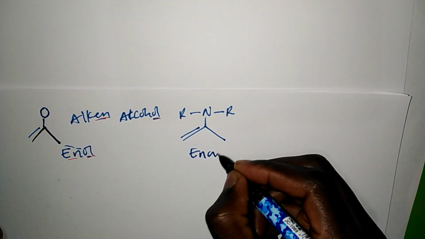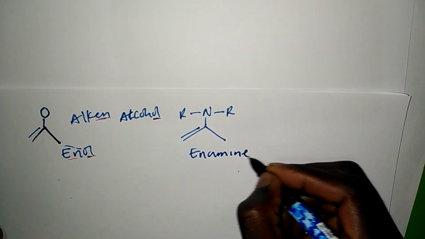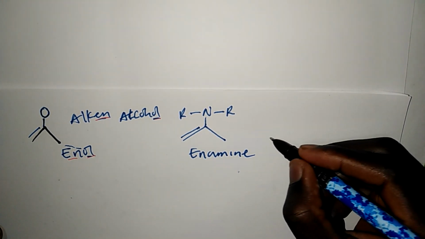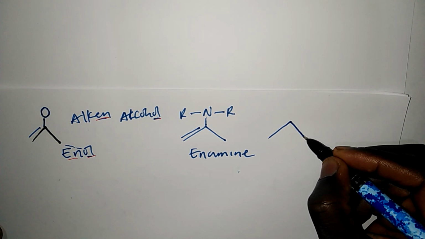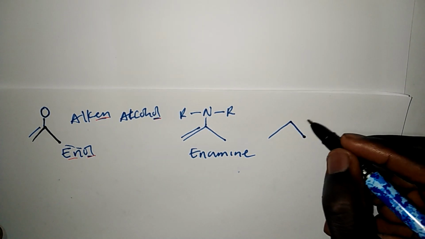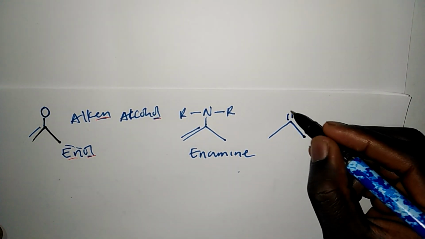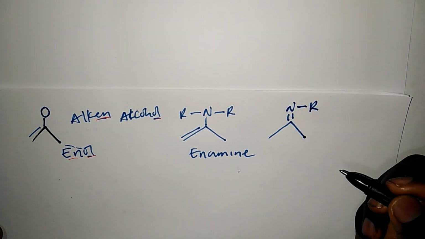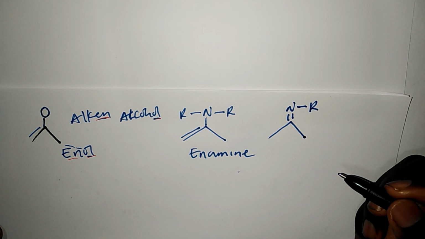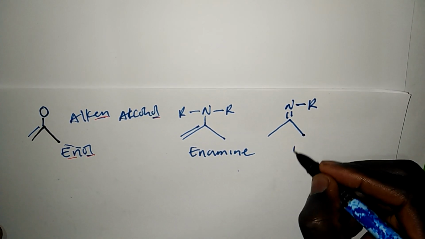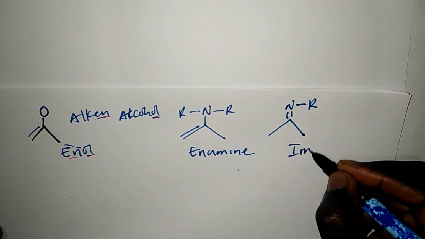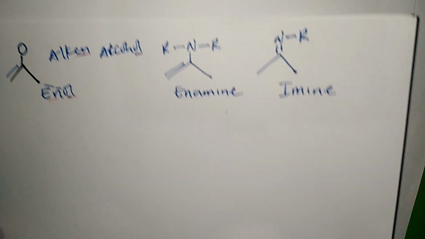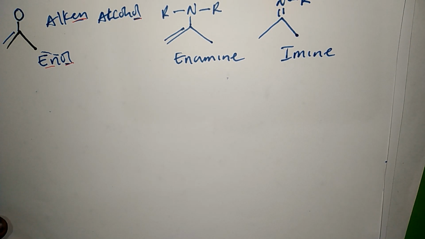An alkene, right? So it's known as an enamine, right? So what if we have a functional group like this? And then we have a double bond to a nitrogen, and then the nitrogen is connected to a single R group. This particular functional group is known as an imine, right?